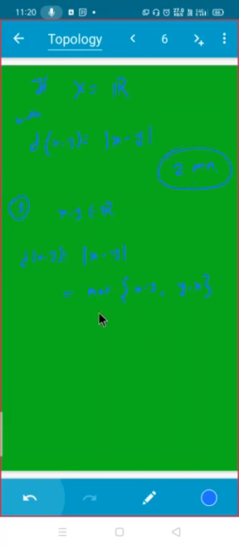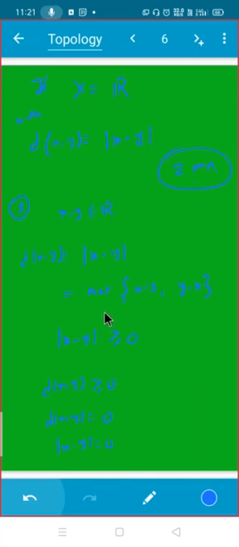That means from this I can say x minus y is always positive, so d of xy is always positive. And if I take d of xy equal to 0, that means mod of x minus y is 0, that means the maximum of these two is 0.